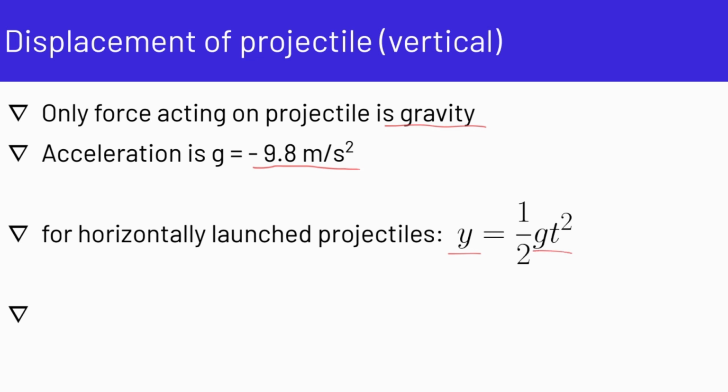So y is our vertical displacement, g is the acceleration due to gravity, and t squared is the time squared. So this is for horizontally launched projectiles.